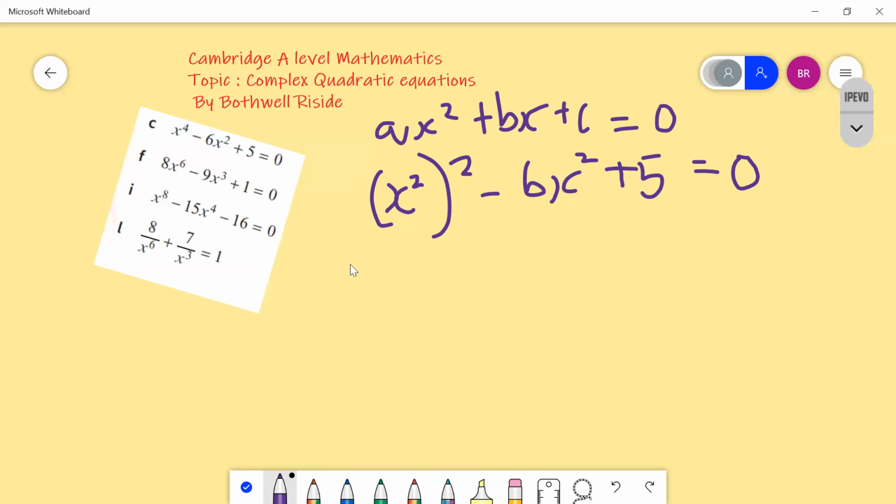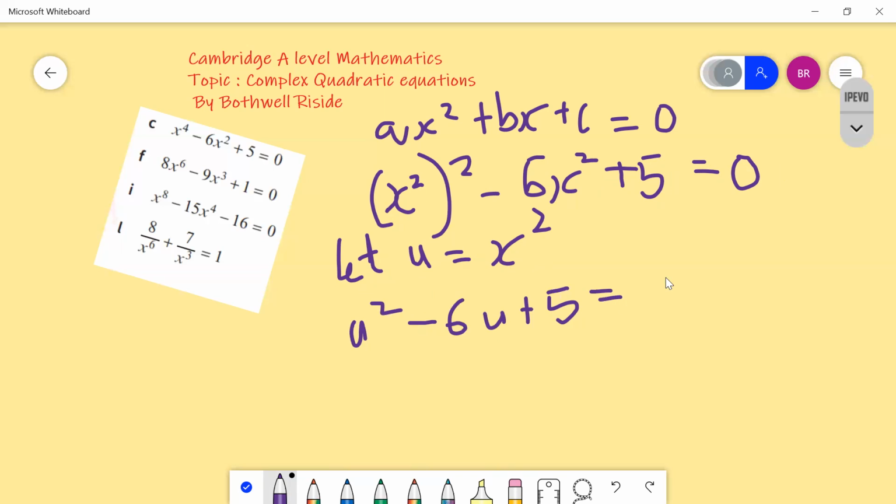Now, I'm going to let u, you can choose any letter that you want, be the same as x to the power of 2. So instead of writing x to the power of 2, I'm going to write u. So this equation is going to be u to the power of 2 minus 6u plus 5. Are you agreeing with me here? Then it's equal to 0.